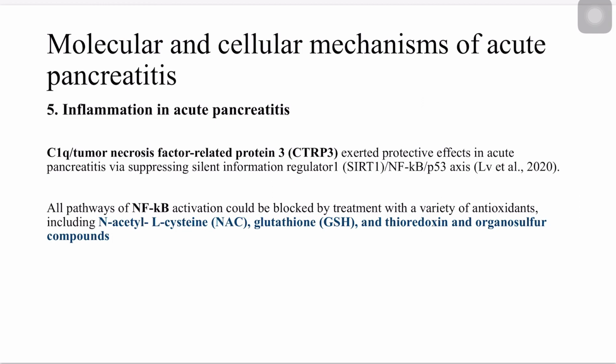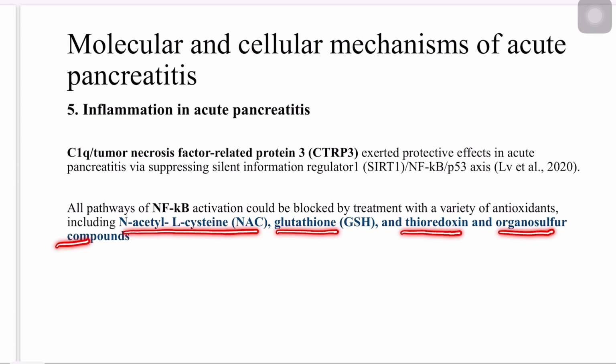All pathways of NF-kappa B activation could be blocked by treatment with a variety of antioxidants. Usually we can see in articles N-acetyl-L-cysteine, NAC, or glutathione, and thioredoxin and organosulfur compounds can help with blocking of NF-kappa B.